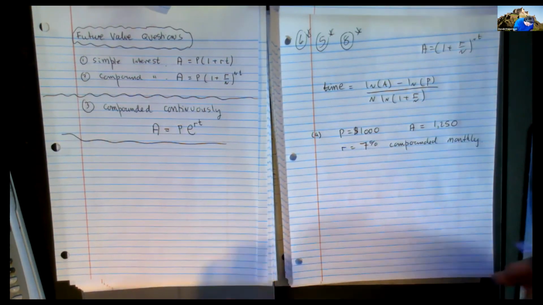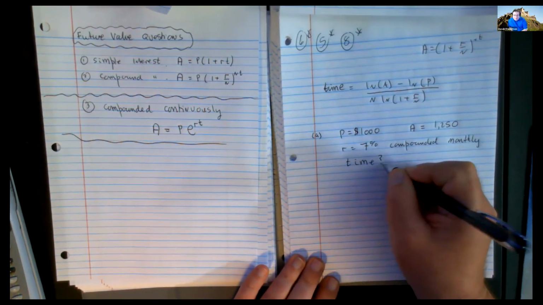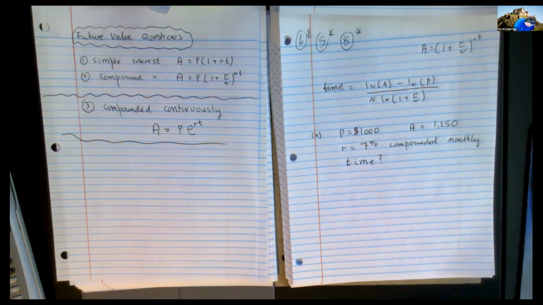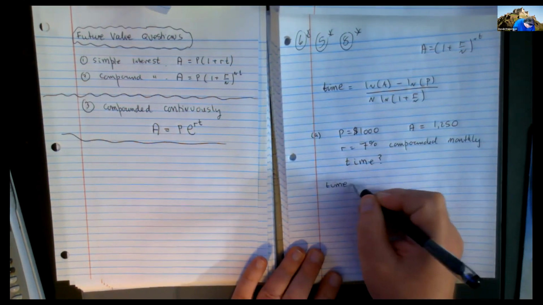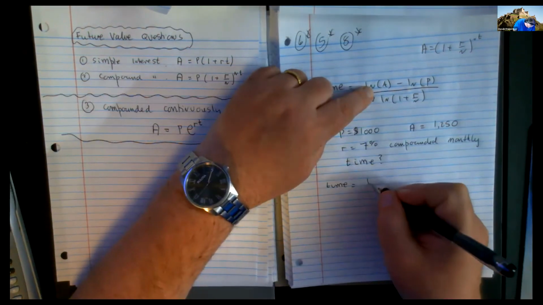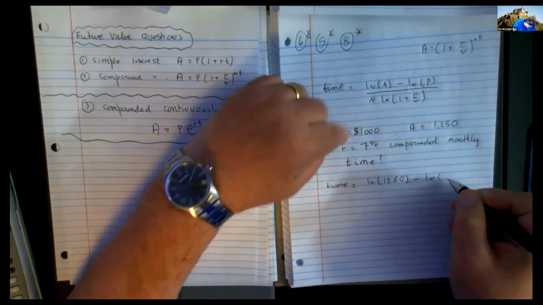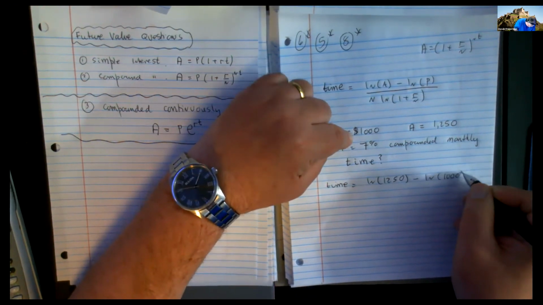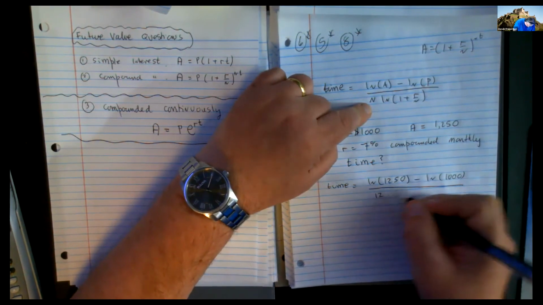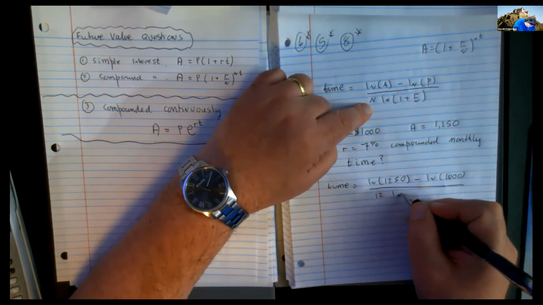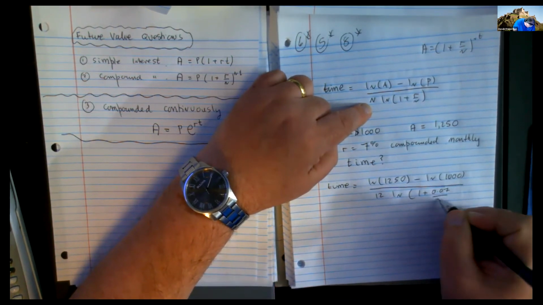And we are going to find how long does that take, right? So it's going to be the natural log of what you end up with, take away the natural log of how much you started with. N is 12 because it's compounded monthly. The natural log of 1 plus 0.07 divided by 12.